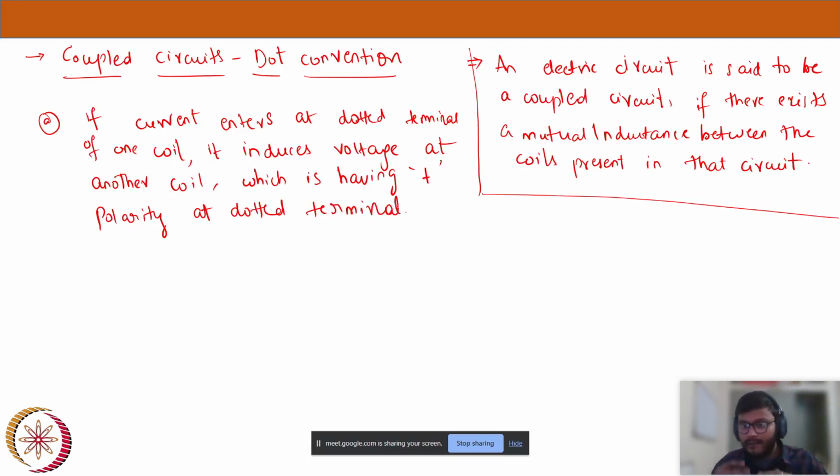Now we will clearly look at it, what exactly it means, and we will solve. We will draw some circuits, and we will look into what exactly this dot and positive polarity means.